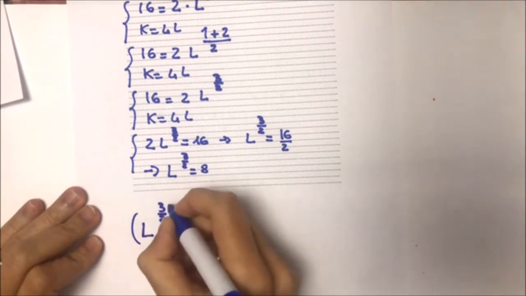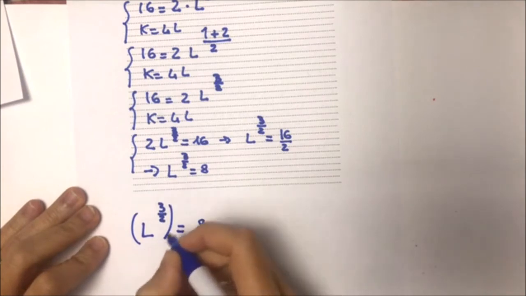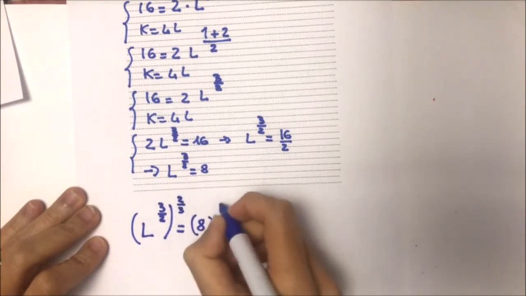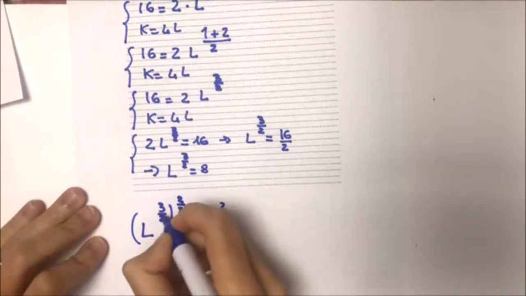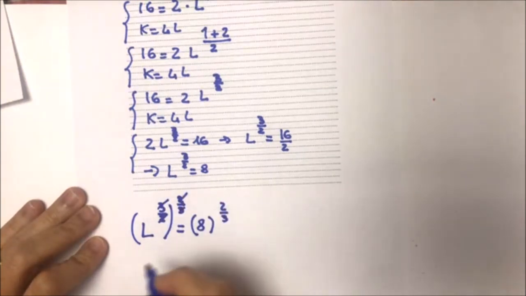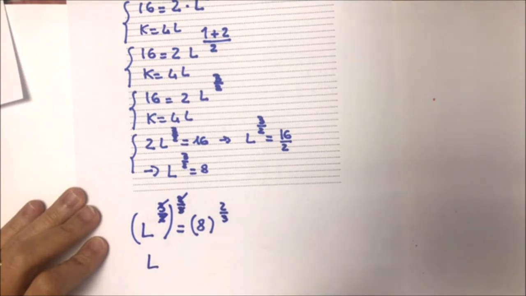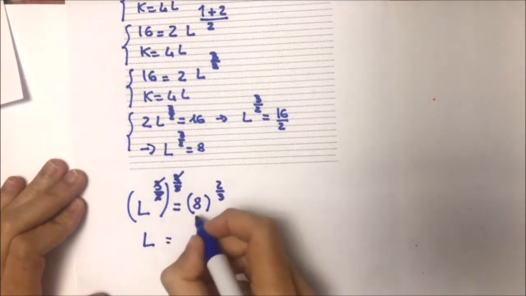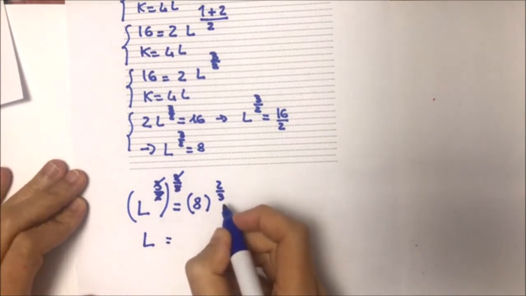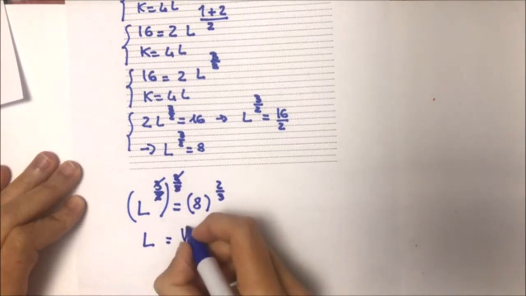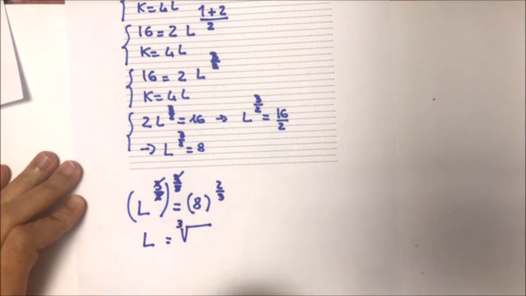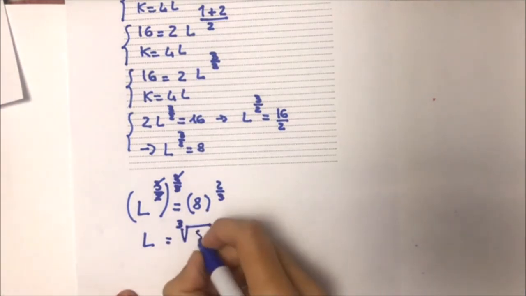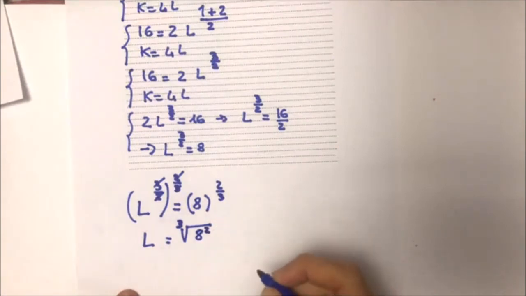To solve it, we have to put everything to the power of 2 over 3, because so doing, here we get simply L to the power of 1. And here we have 8 to the power of 2 over 3, and we can write it as a root. Here I put 3, and here I have 8 to the power of 2.